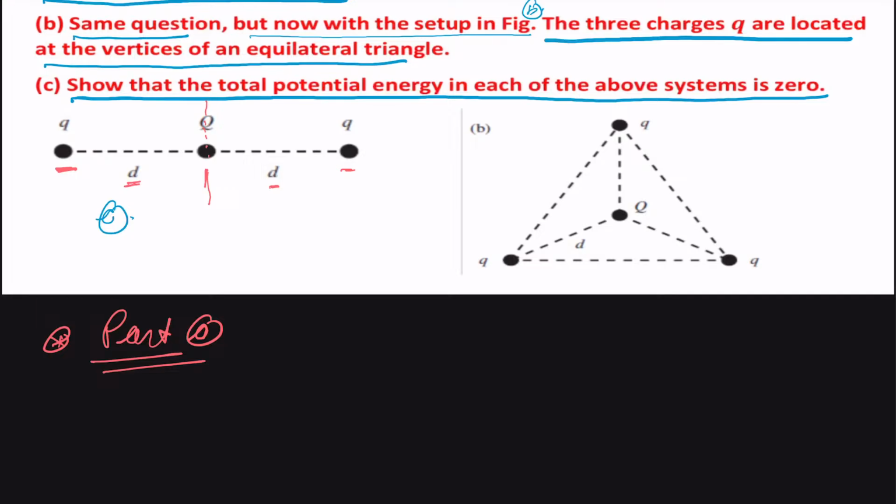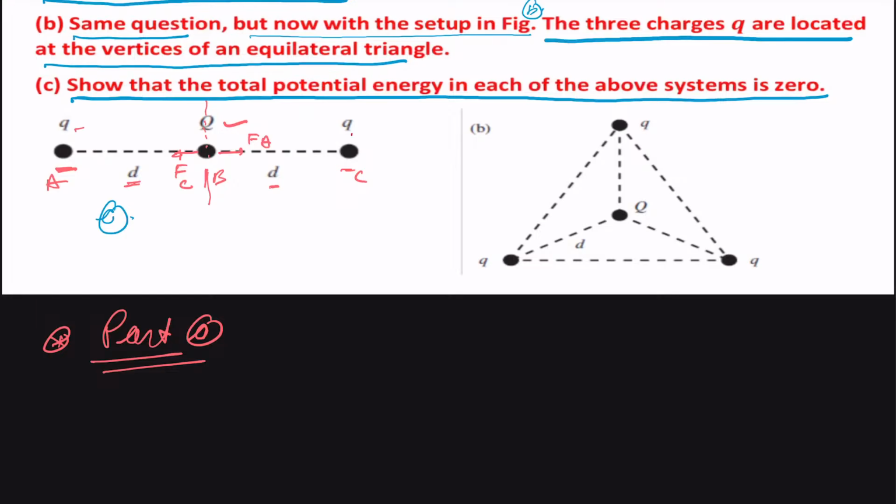And therefore, by symmetry, we can say that the forces on this charge capital Q are going to balance out each other, because this small q is going to repel it to the left side, and let us suppose this is our A, this is our B, and this is C. So we are going to have this as our FC, and toward this side we are going to have our FA.